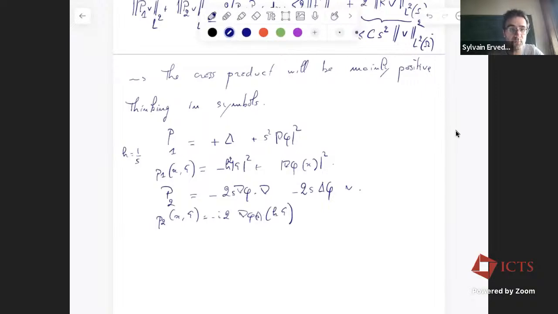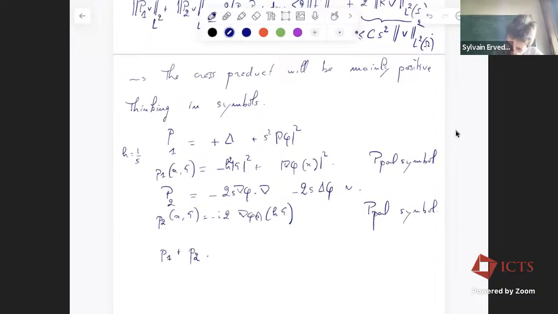So in the principal symbol, it has no impact. Okay, and then you see somehow the computation that you are doing is simply computing P1 plus P2. So here I've put P2. So you are doing that, right?